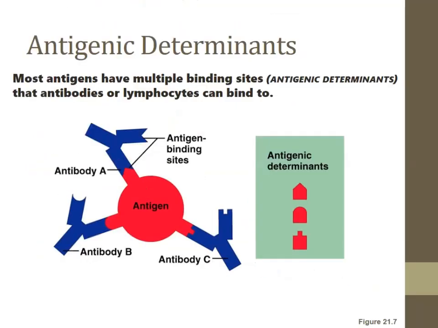So antigenic determinants are a fancy way of saying they have certain proteins, certain shapes of proteins. Antigenic determinant is just a fancy name for certain proteins on their cell membrane.